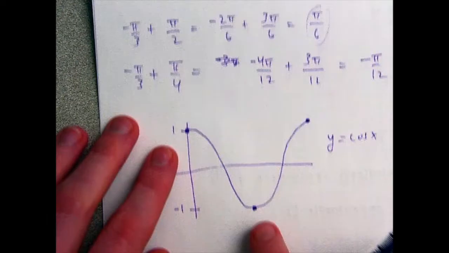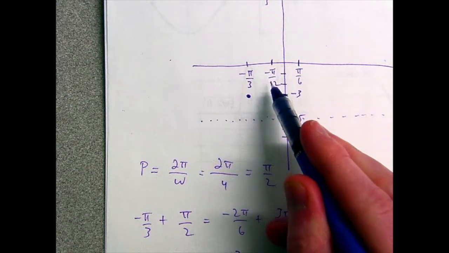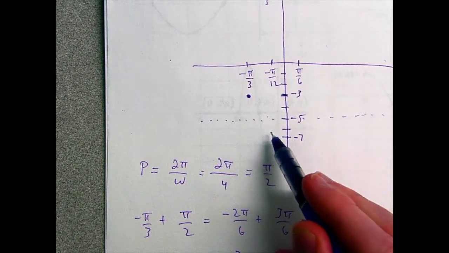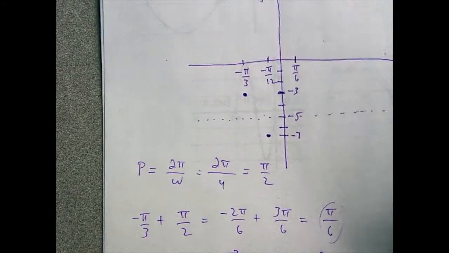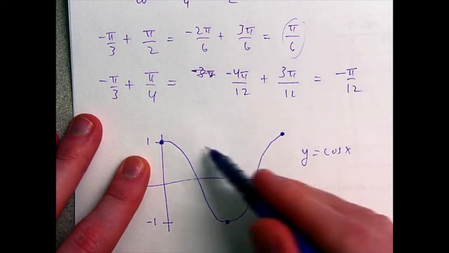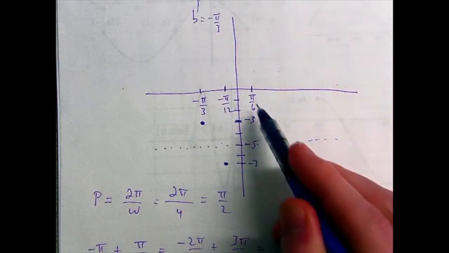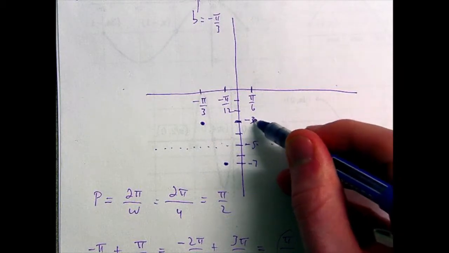This next point here is in the middle of my cycle at the bottom bounce number. So middle of my cycle at -π/12, bottom bounce number at -7, so that's right here. And then finally, this point here is at the end of my cycle at the top bounce number. So end of my cycle, that's at π/6, at the top bounce number, which is at -3.